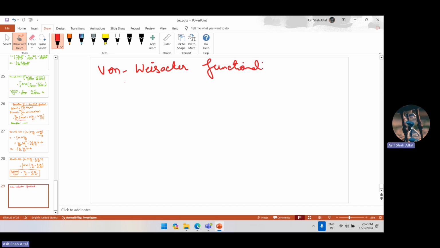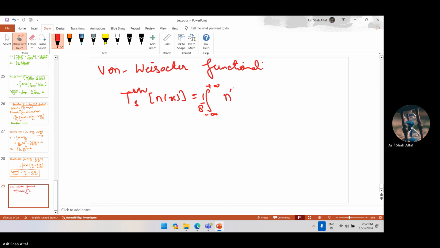So it's basically a kinetic energy functional, which is given as this. You will often see these kind of functionals in DFT courses.